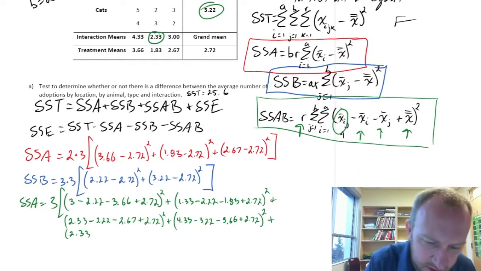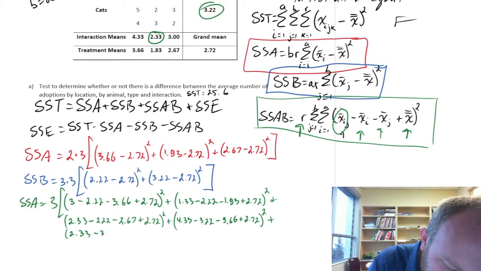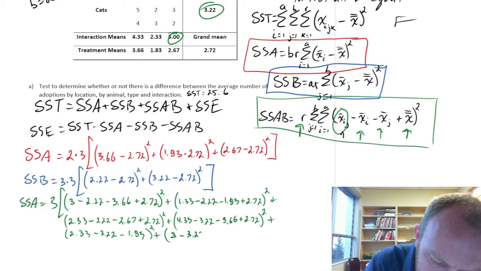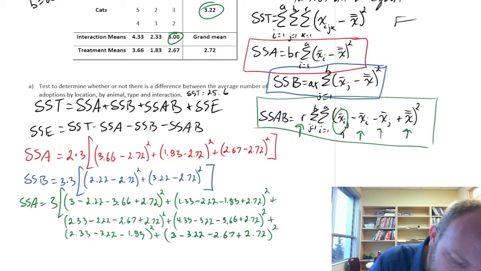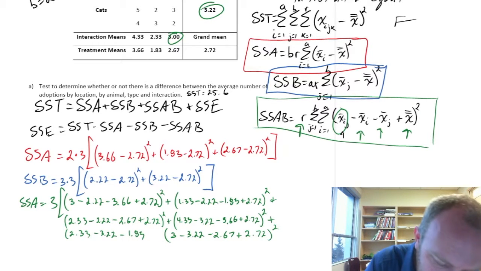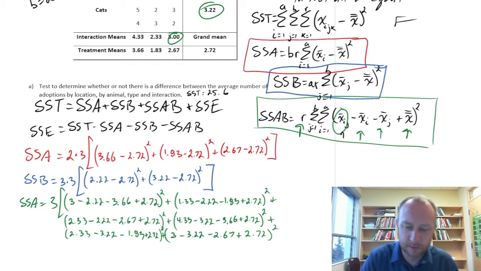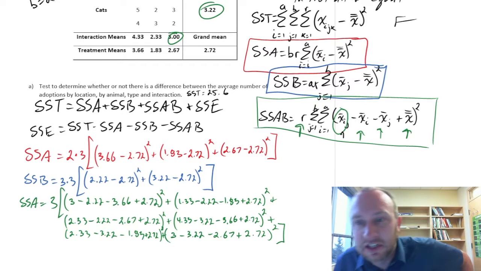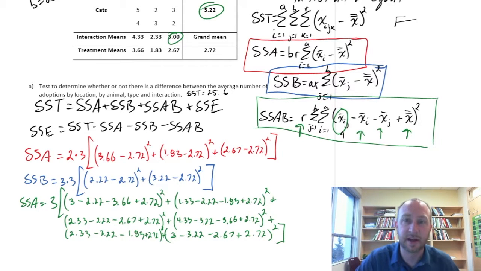Okay, no, we're okay. 2.33 minus 3.22 minus this one, 1.83 plus. Now we're at the very last one here, this one, 3 minus 3.22 minus 2.67 plus 2.72 squared. And I just noticed back here I forgot to add in 2.72 squared. Oh boy, these are time consuming to calculate.